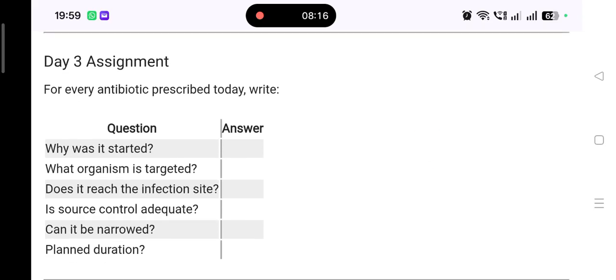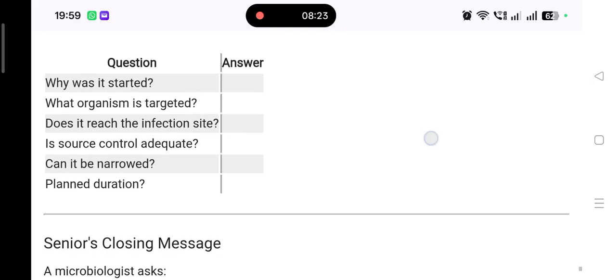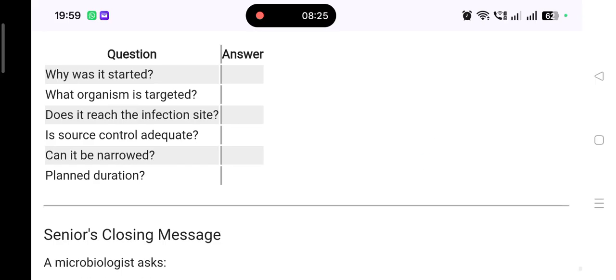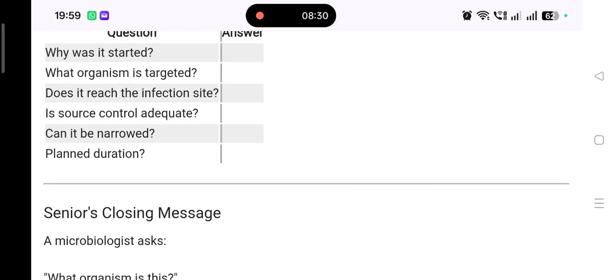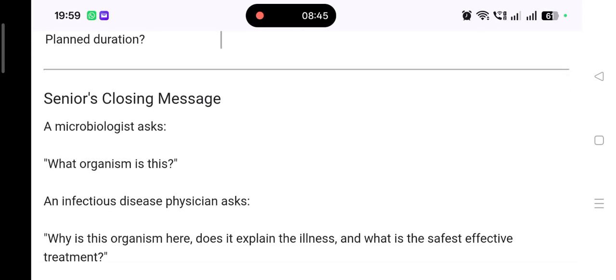The assignment given is that for every antibiotic prescribed, one should write why it was started, what organism is targeted, does it reach the infection site, is the organism resistant to it or not, is source control adequate, can it be narrowed, and the planned duration for how long you are going to give.